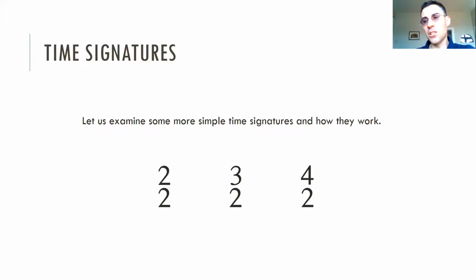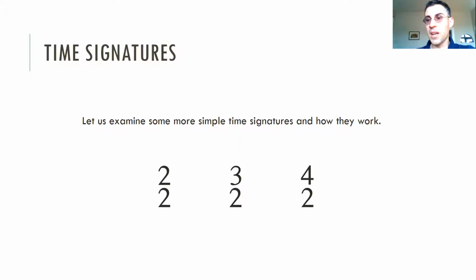So if you're dealing with 4/4 time, 4 divided by 4 is equal to 1. Okay, a crotchet is worth 1 beat, correct? So we're dealing with crotchets.